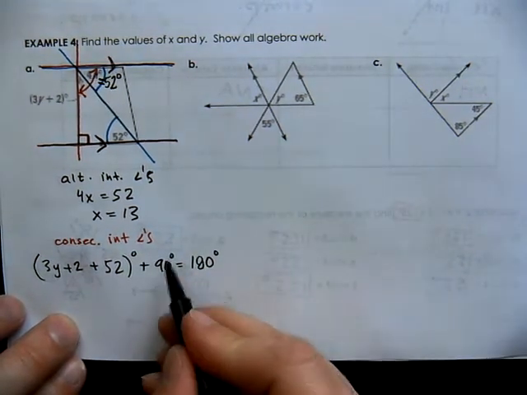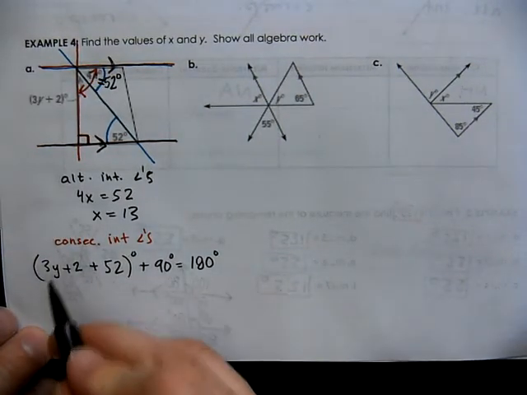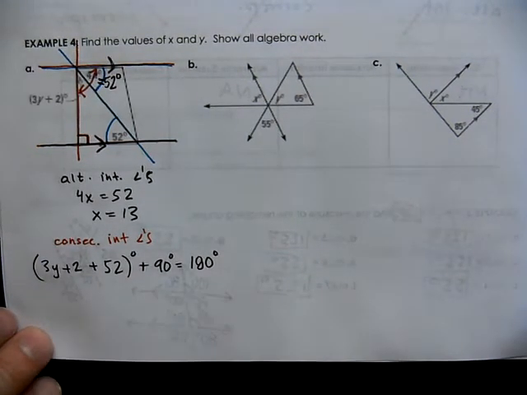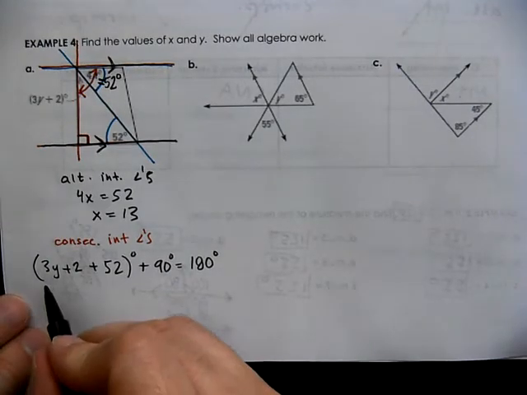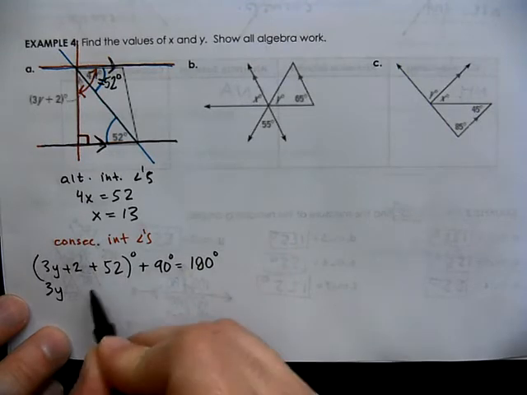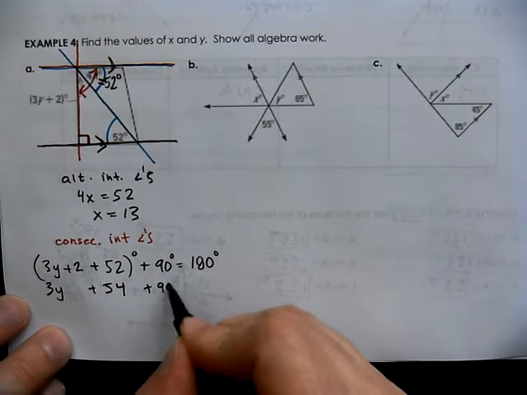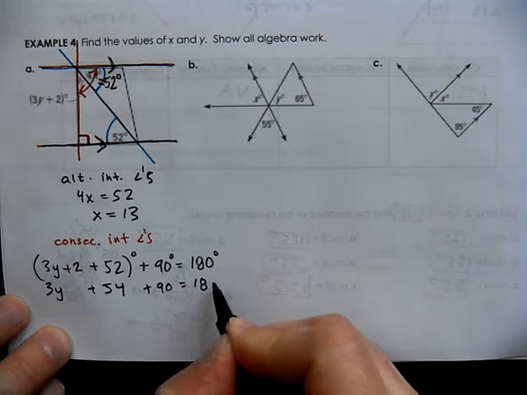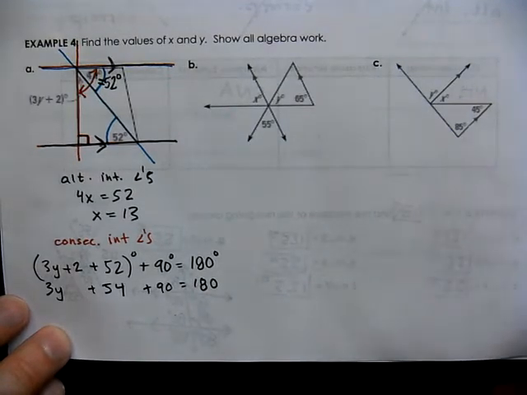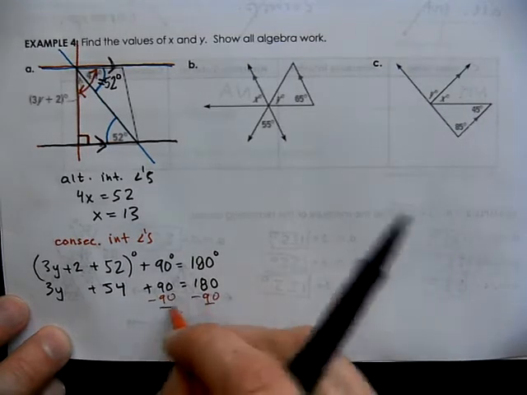So again, we don't have to put the degree symbol here in our calculations because we'll be solving for the variable, and the variable is just a number, it won't have degrees on it. So let's combine like terms. Here we have a 2 plus 52, that gives us 54. And you might recognize, hey, we could very easily just move that 90 to the other side.